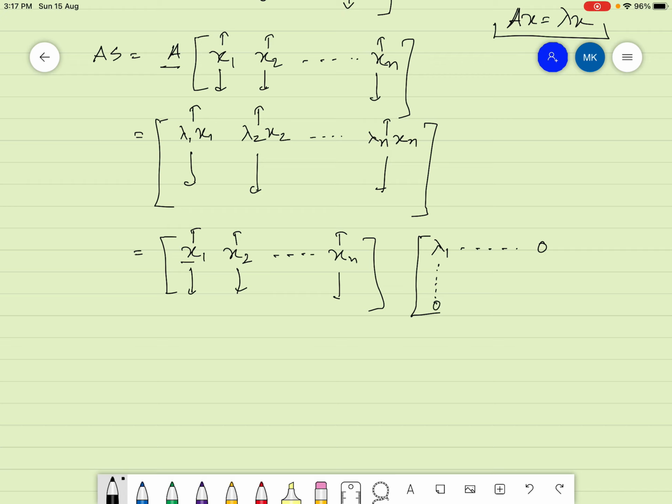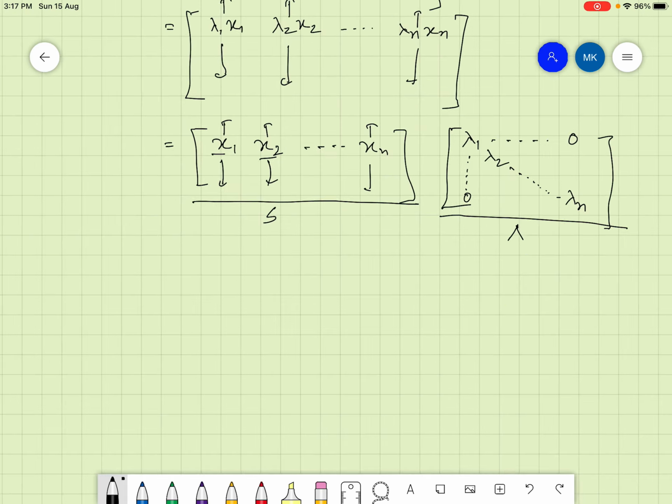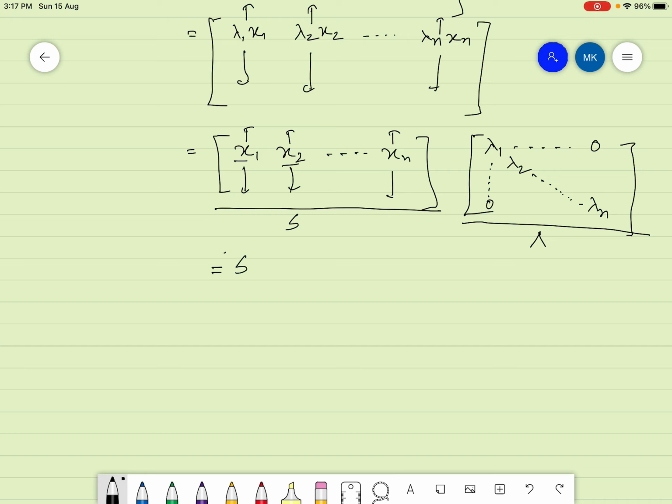So for multiplying x2 with lambda 2, you have to have lambda 2 at the diagonal and all the other elements are 0. So this would be a full diagonal matrix, and all the other elements of this matrix other than the diagonal would be 0. So as this is S and this is basically a matrix of lambda, let's say this is a capital lambda, so this is S lambda. So we have AS equals S lambda.